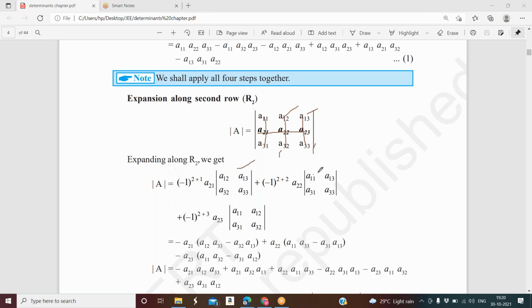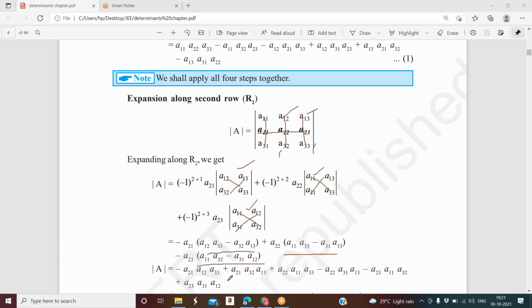So we need to find the determinant of these three matrices. We need to expand it. So how will you expand? A12 into A33 minus A32 into A13. Similarly, A11 into A33 minus A13 into A31. Here also A11 into A32 minus A31 into A12.